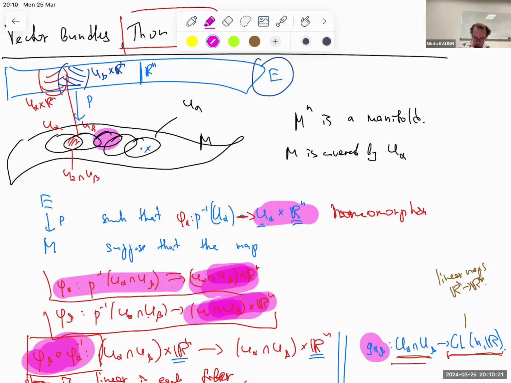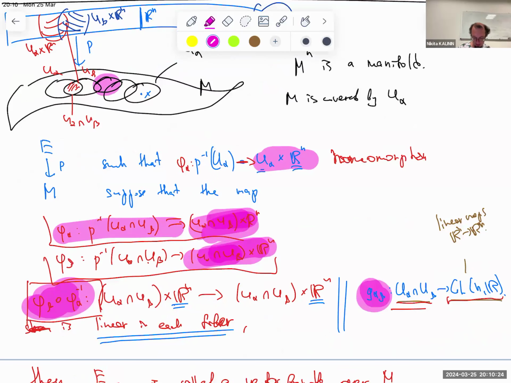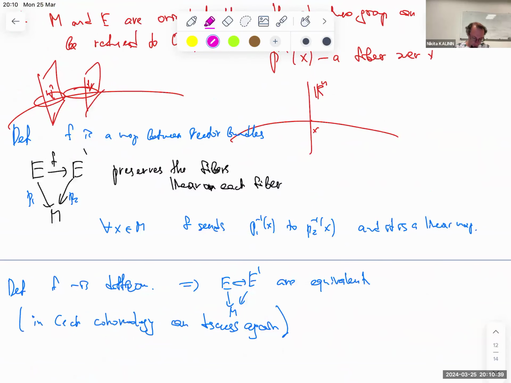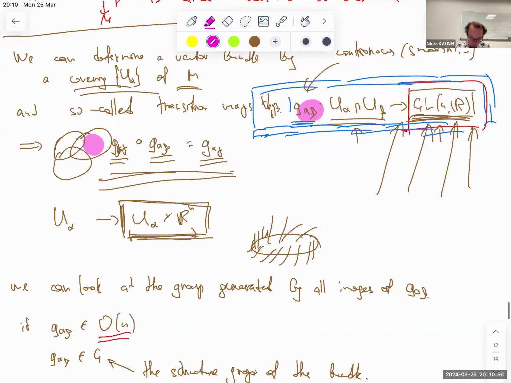It affects this G alpha beta in a quite simple way: you just multiply by this change of coordinates. And if you have two equivalent vector bundles, then you can choose a very small covering such that by such elementary moves, you can come from one vector bundle to another, just to see how this transition function changes.